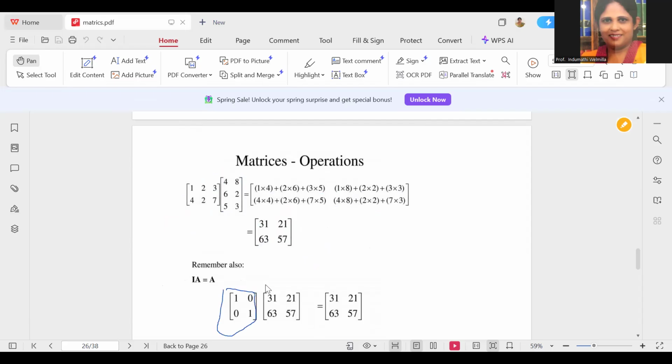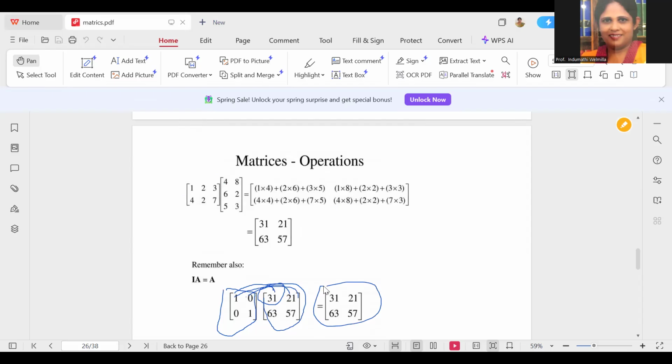When multiplying by it, we get the same, because when we multiply this one, 31, the next one multiplied by 0 becomes 0, so we only get 31. When we take the second, it's the same: 1 into 21, 21, and 0 into 57, 0. However we get these values, you can go through it.